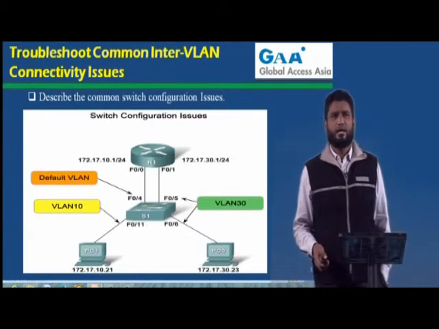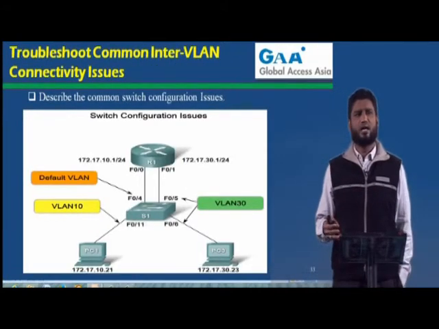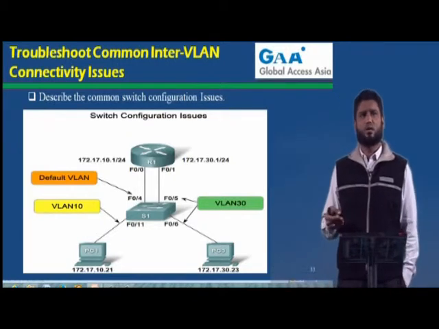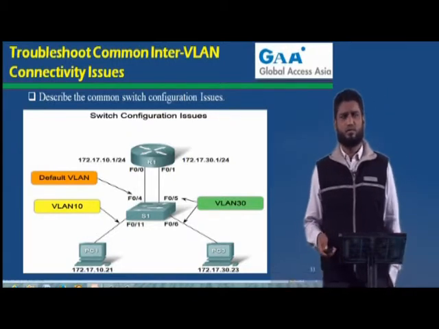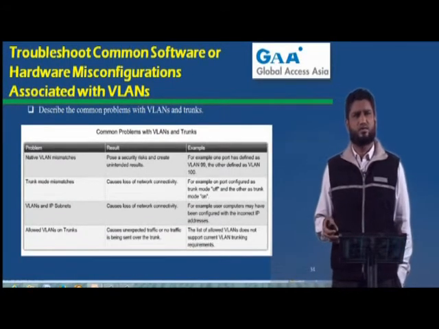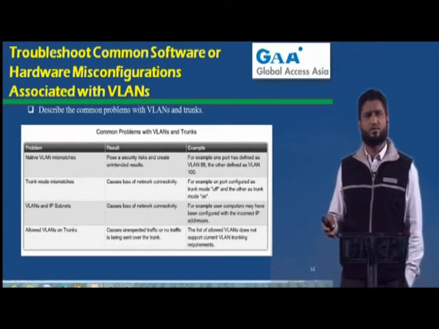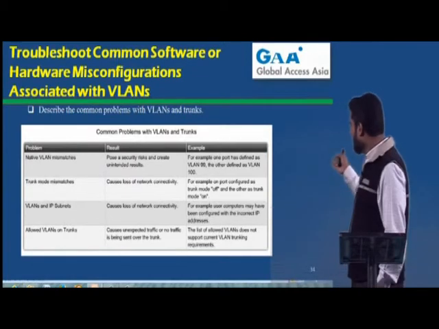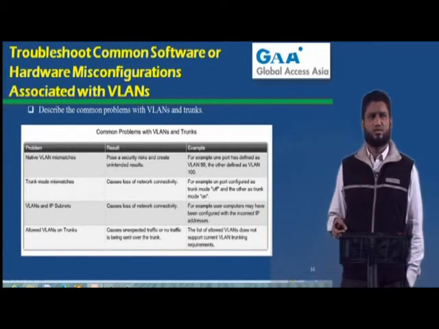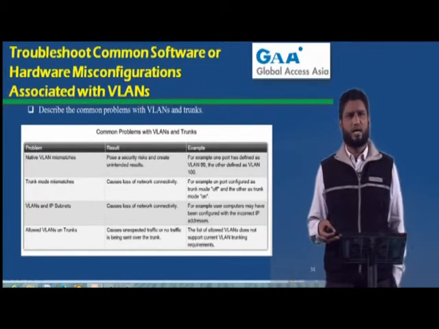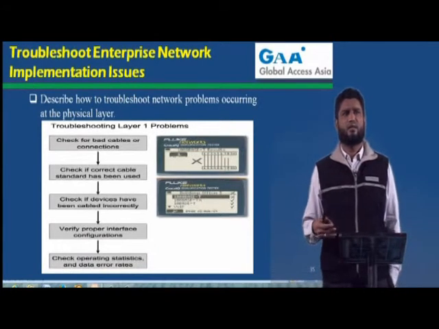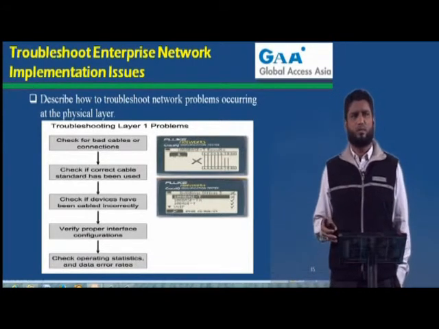And troubleshoot common issues: default VLAN, VLAN 10, VLAN 13, you can make some VLANs here, and from the VLANs you can also troubleshoot the network. Also hardware misconfiguration is associated here. There are common problems with VLANs and trunks here. You can see from this table some native VLANs, trunk mode mismatch, VLAN and IP subnets, allowed VLANs and trunks. Troubleshooting interfaces: how to troubleshoot network problems.